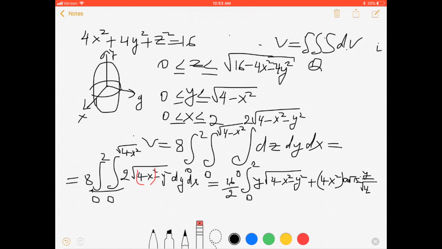Sorry, it's the same, but I don't write it perfectly. So 4 minus x squared, and all this will be dx.